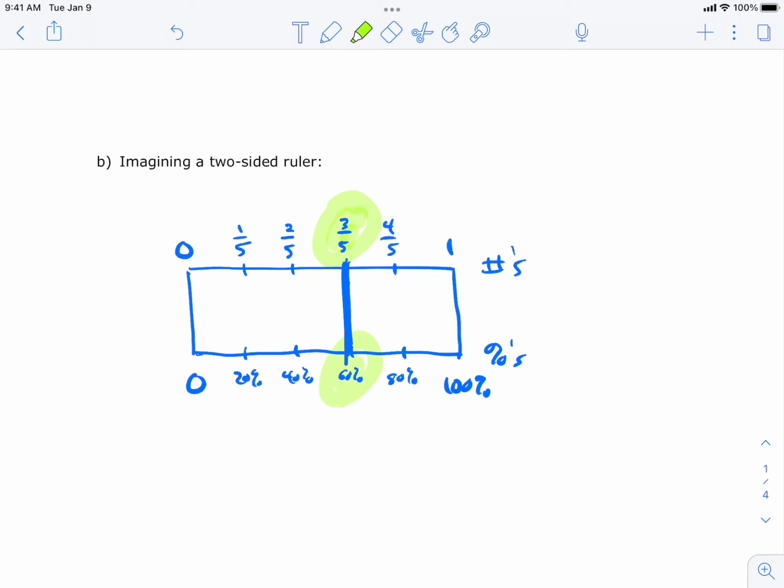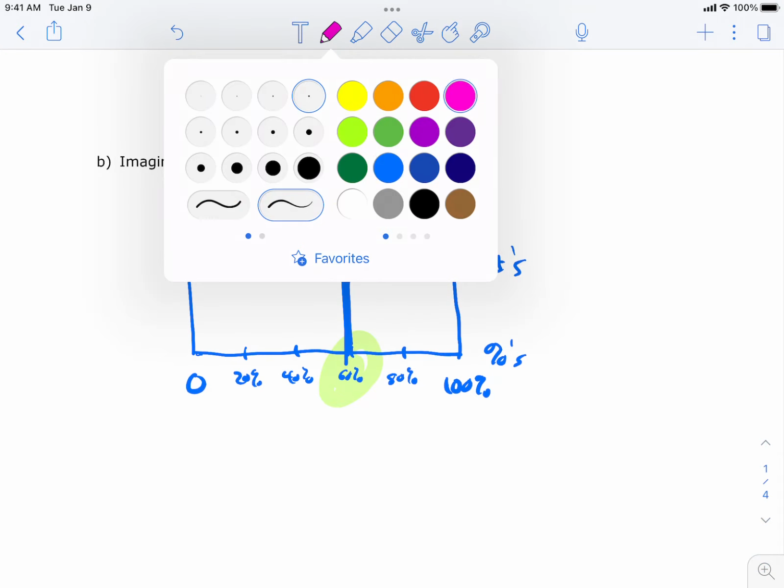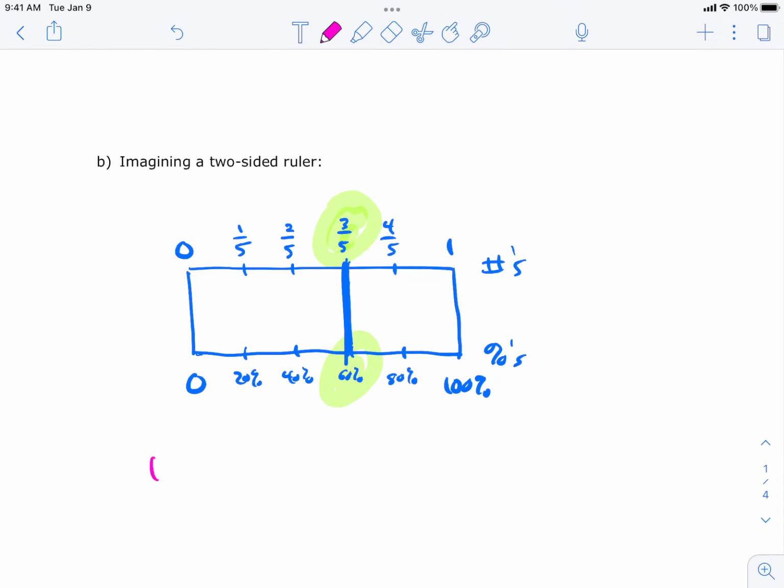It's a nice visual that you'll see me fall back on sometimes just to make sure that an answer makes sense. Remember, whenever you do any math problem, we always want to ask ourselves, does our answer match our expectation?